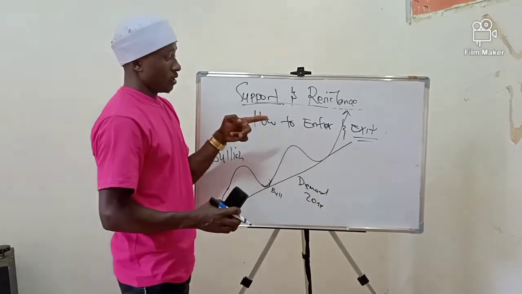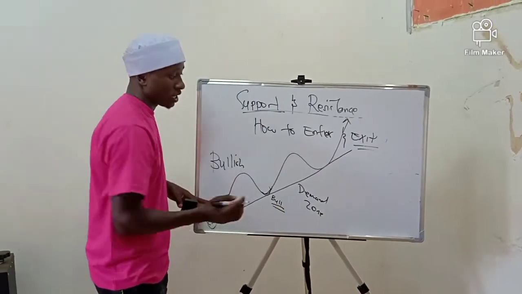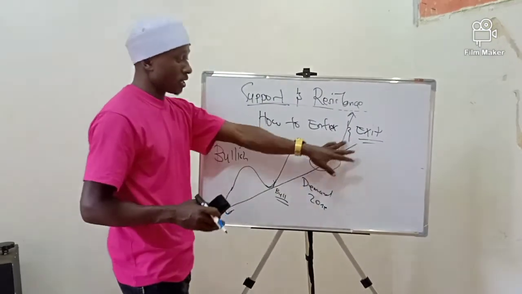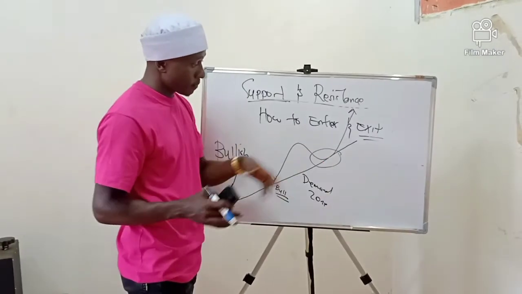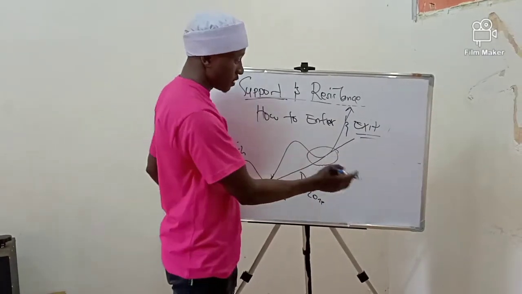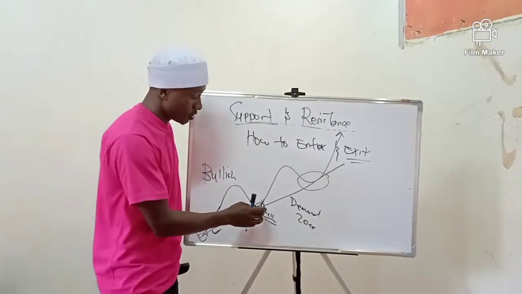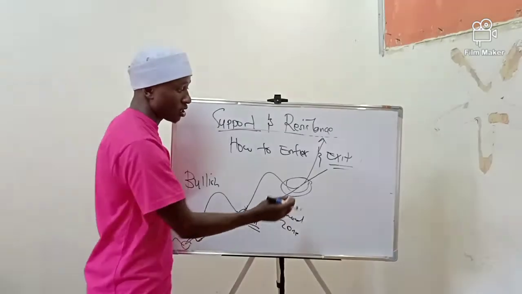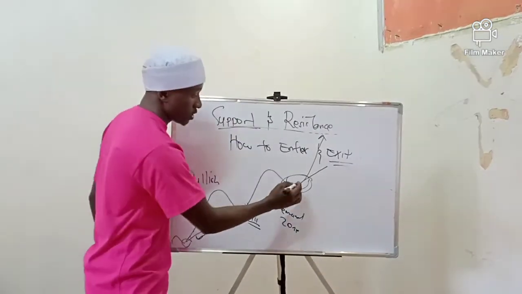Now, the next time you want to pay attention is when the market reaches the next level where your trend line is. When it reaches here, just as you waited here for the candlesticks to form, the chart patterns to form here, when they form here, they'll tell you whether the market is on a continuing trend or it will reverse.